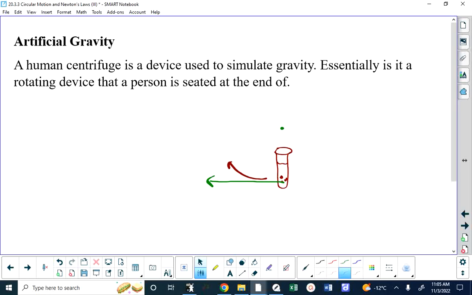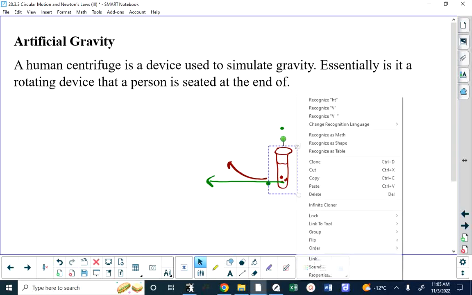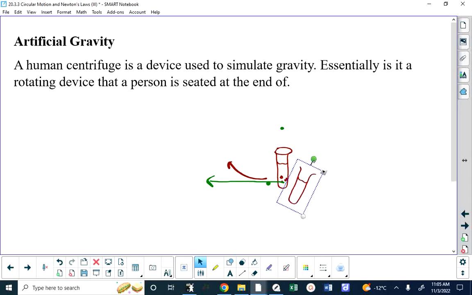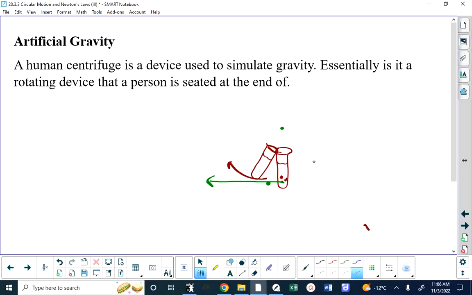So they continue to move in a straight line, but the test tube ends up being here. And that means that these particles that move in a straight line find their way closer to the bottom of the test tube. There's no outward force.